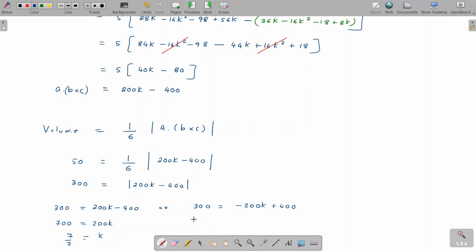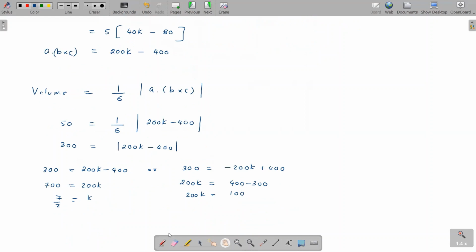The other one, I'll take the minus 200k to this side as plus 200k, 400 minus 300. So I get 200k equals 400 minus 300 is 100. And I get k equals 100 over 200, which is half. Is that okay?